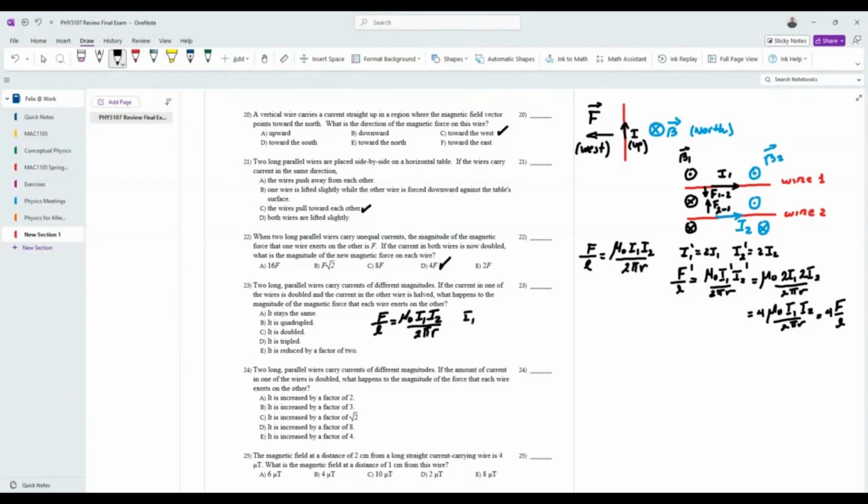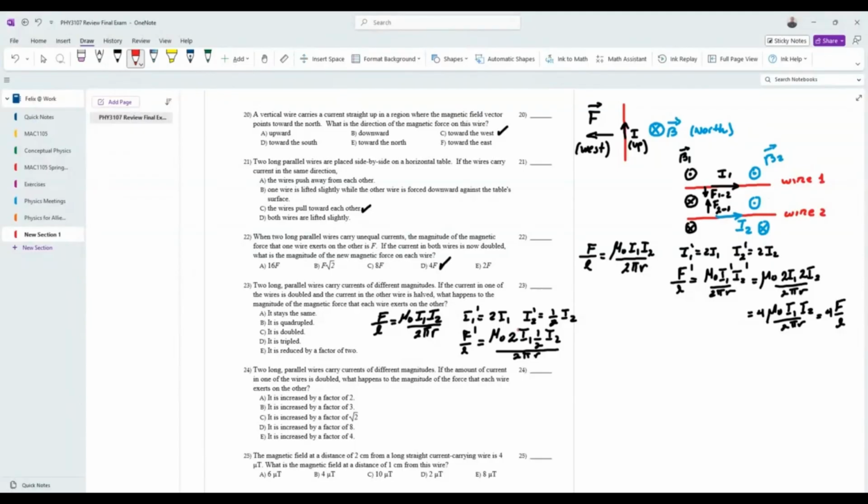So if now I sub 1 prime is 2 I sub 1, but I sub 2 prime is 1 over 2 I sub 2. Now when you want to find F over L prime, it would be mu sub 0, 2 I sub 1, 1 over 2 I sub 2 over 2 pi r. And then what happens here?